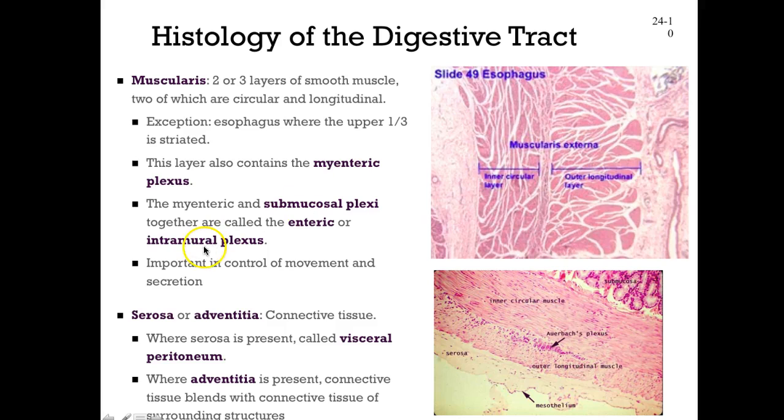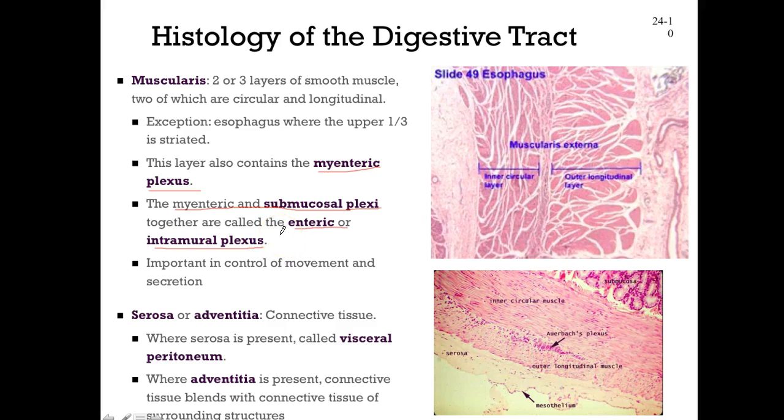We'll also have another important plexus here. Remember, plexus is referring to our nervous system, and this is called your myenteric plexus. So together, we just learned about that submucosal plexus in our previous layer, the second layer. And together, the myenteric and submucosal plexi are going to be called your enteric or the intramural plexus.